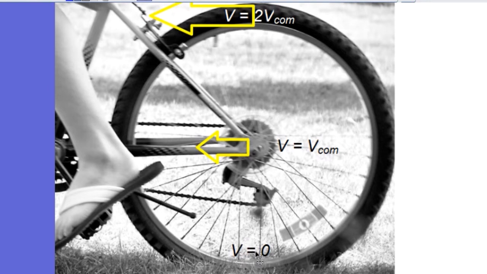That's because we know that when you try and take a picture of a moving object, oftentimes it is blurry. So that's what we see up here. Because the spokes are moving twice the speed of the center of mass, they are blurry. At the middle, things are in fairly good focus, and at the bottom, they're in very sharp focus.